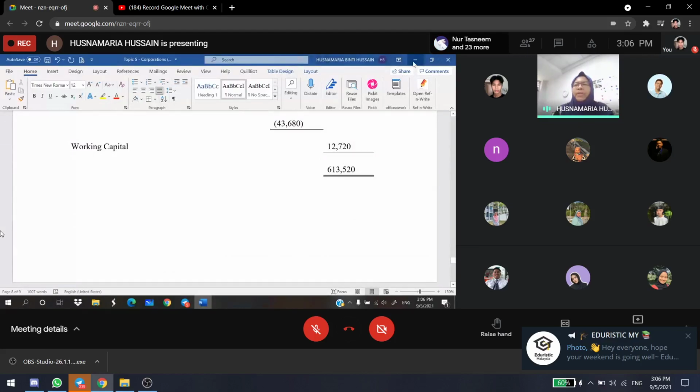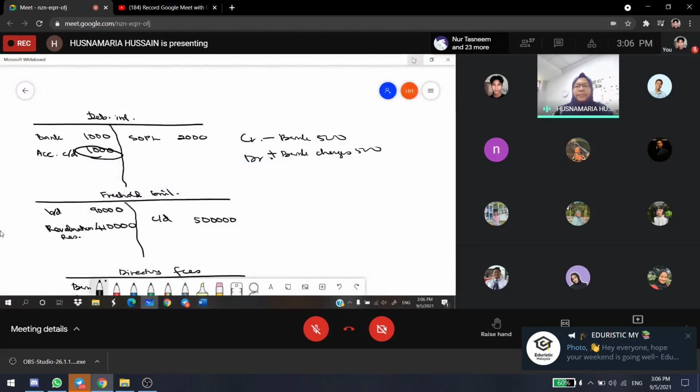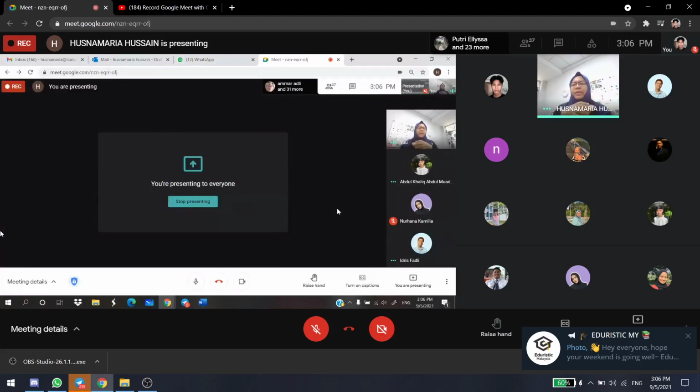Any question regarding the format? Just be careful regarding kalau SOPL tu expenses and also the appropriation part below. SOFP, current liabilities, and also the owner's equity part.